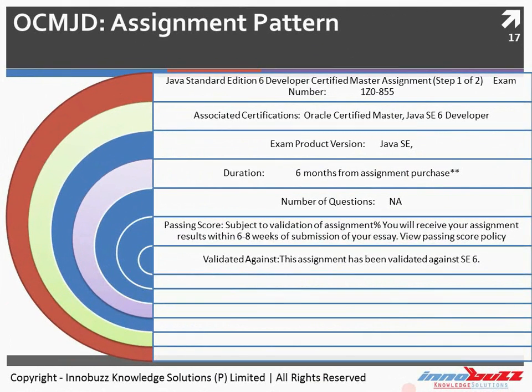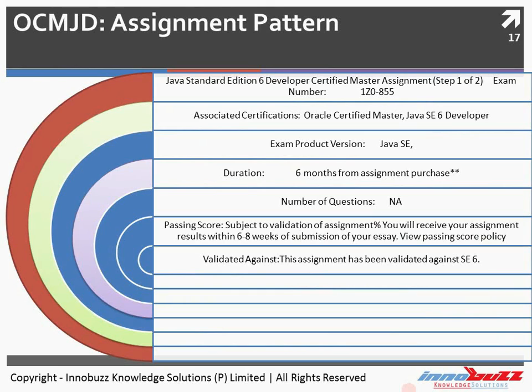This is the pattern for assignment, where you have the certification code as 855, and also its associated certification is Oracle Certified Master Java Developer. Product version is Java Standard Edition, and the duration for your assignment is 6 months from assignment purchase.